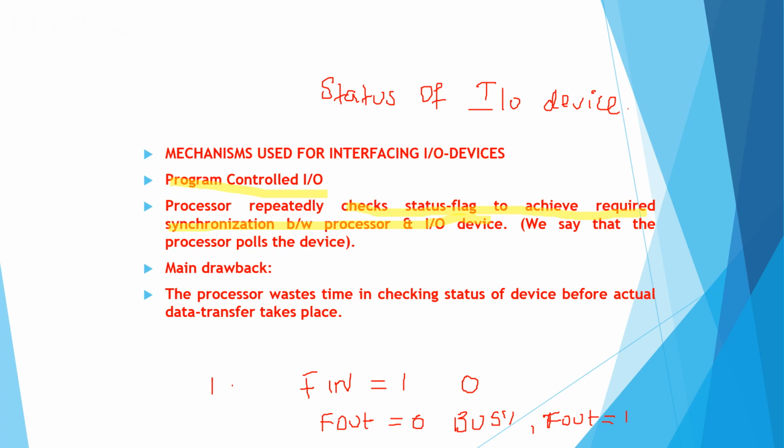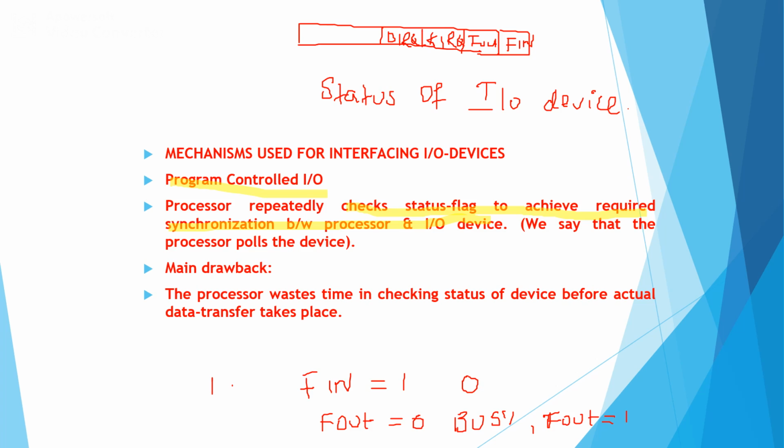We can consider an example of IO operation involving a keyboard and video display, using status registers which contain the flag registers FIN and F out, and along with that we are using two additional flag registers, KIRQ and DIRQ.